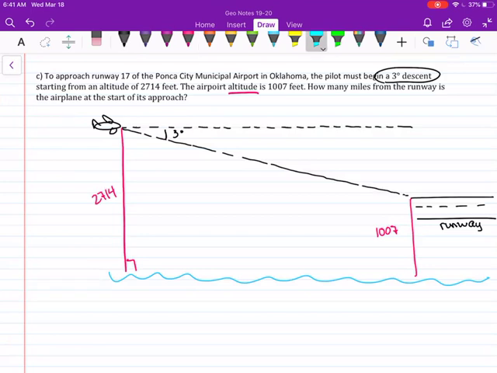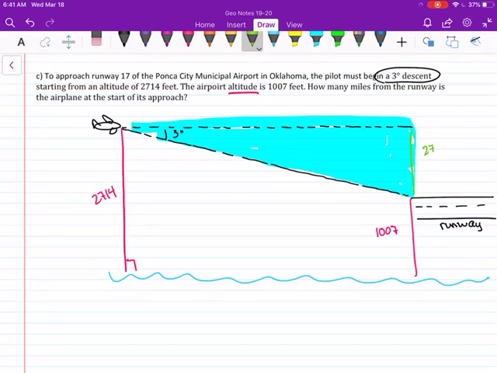So if I just look at this triangle here, I have a right triangle, and I can figure out the length of the short leg. So the length of this leg right here is 2,714 minus 1,007, which is 1,707.